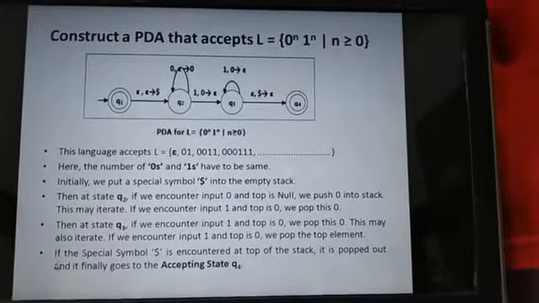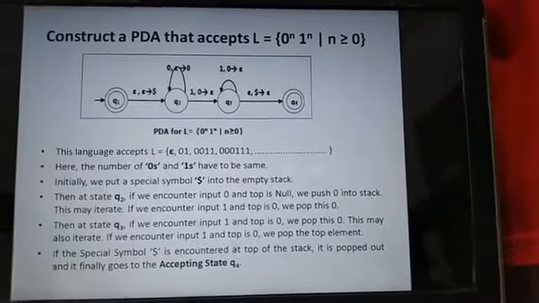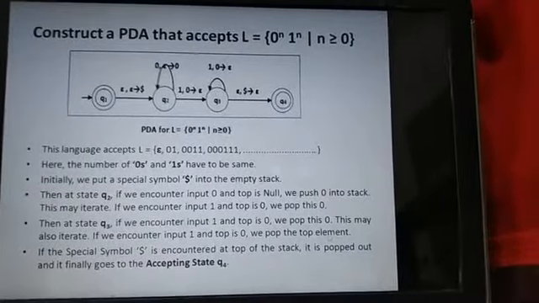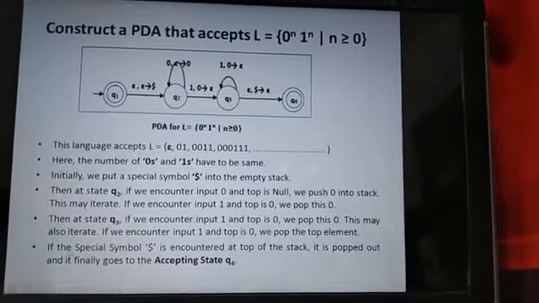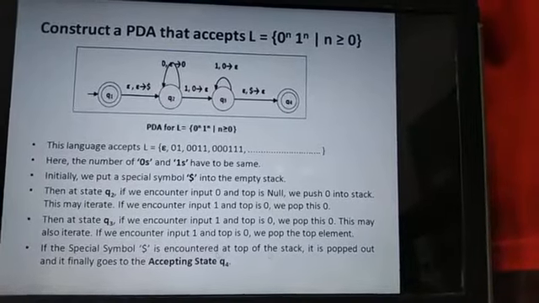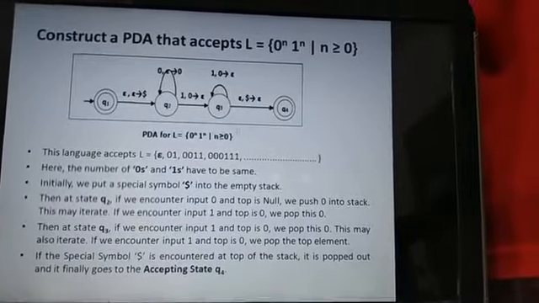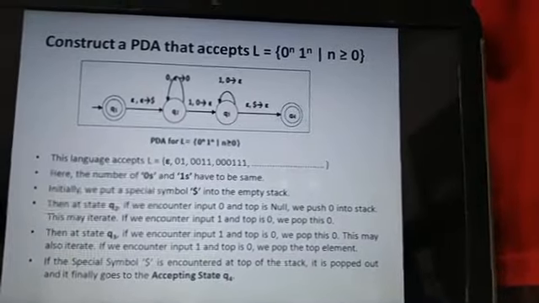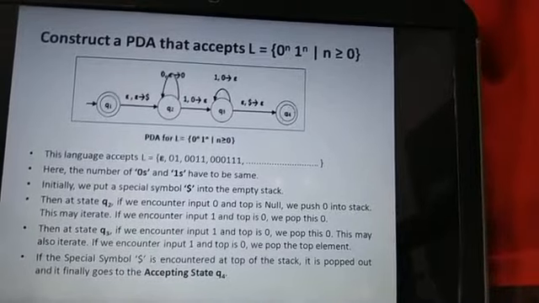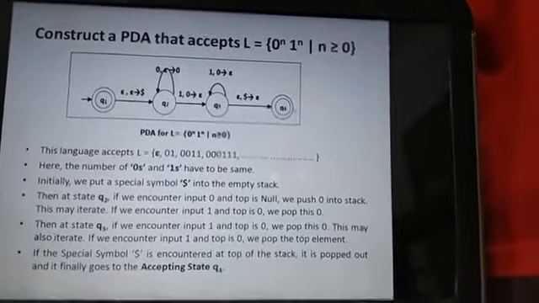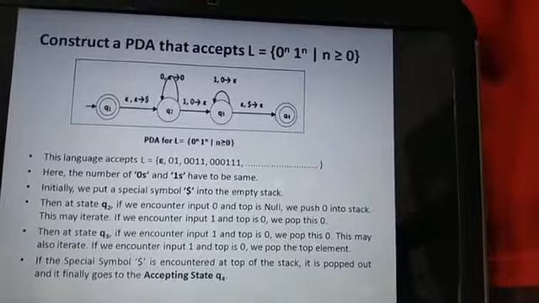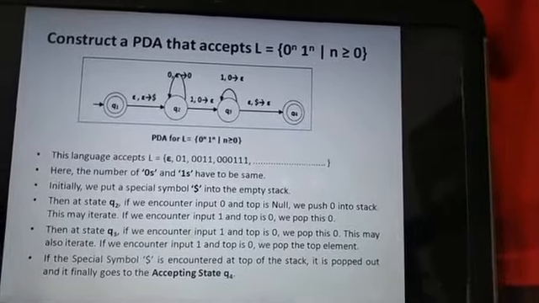This may also iterate. If the special symbol dollar is encountered at the top of the stack, it is popped out and it finally goes to the accepting state Q4.